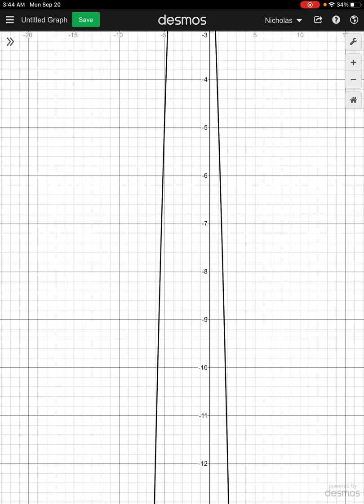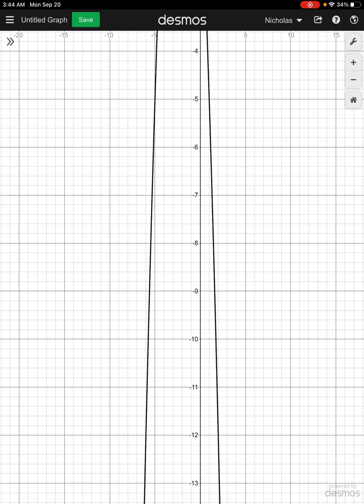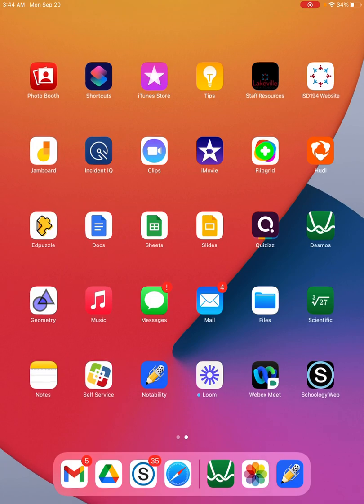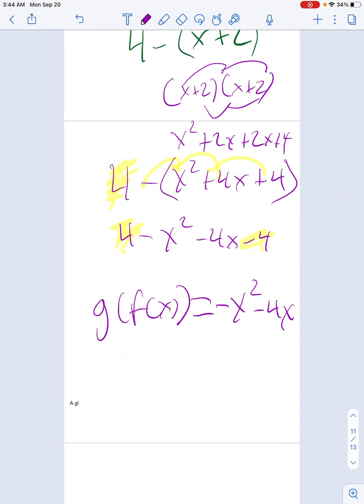When x is 2, again, using your calculator as your friend is going to help you a lot. Could you do it by hand? Absolutely. And if you want to do it that way, you can do it that way as well. You would just plug in 0, 1, 2, 3, and you would solve it. Every time you see an x, you would plug in those numbers.